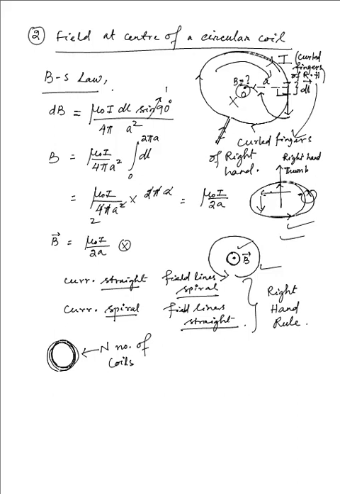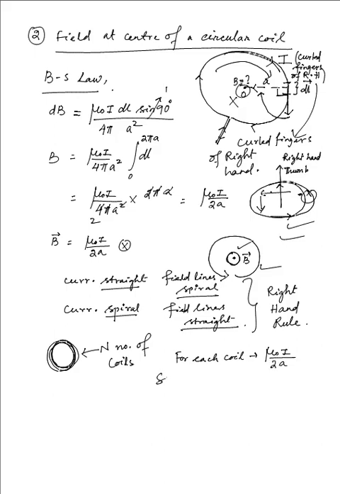When they are coiled along a given axis, they will be carrying current in the same direction. So for each coil, you will be getting the field intensity of mu naught I divided by 2a.